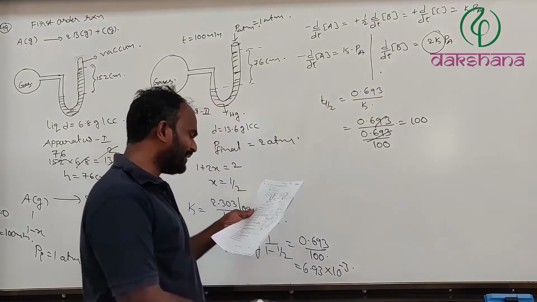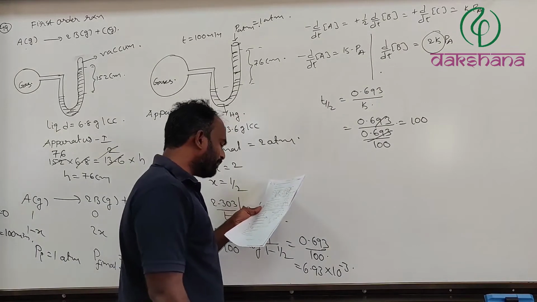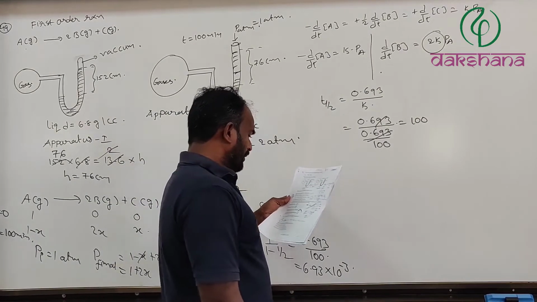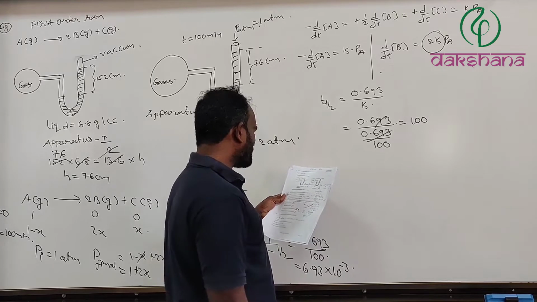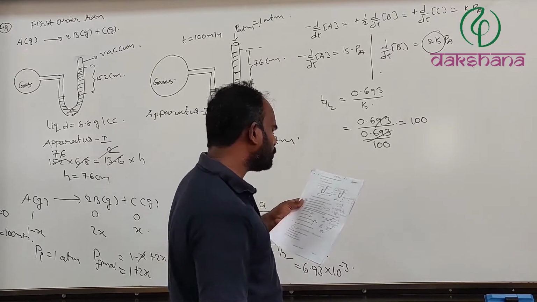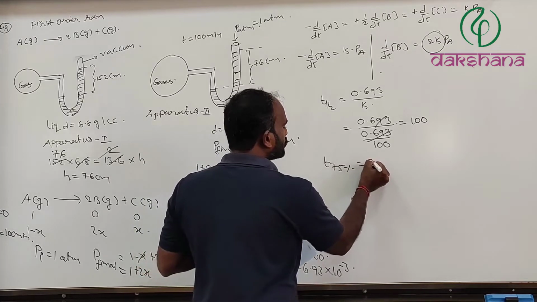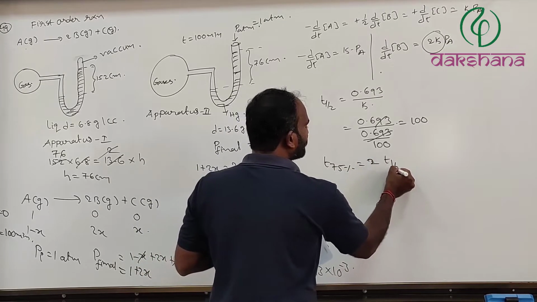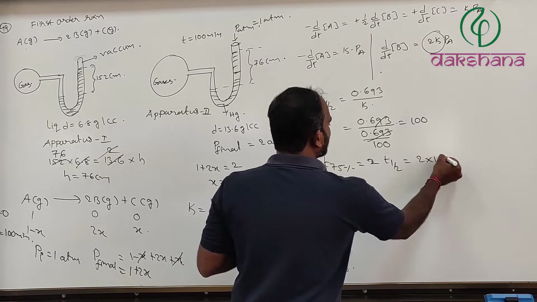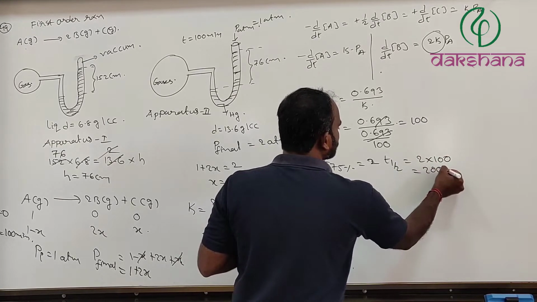Yeah, definitely 100 minutes. Then t 75%: 75% of the reaction is completed in 200 minutes. t 75% is equal to 2 into t half. Therefore 2 into 100, that is equal to 200.